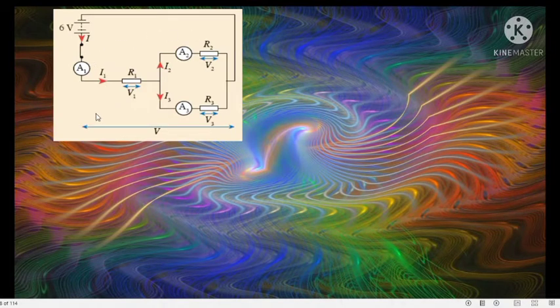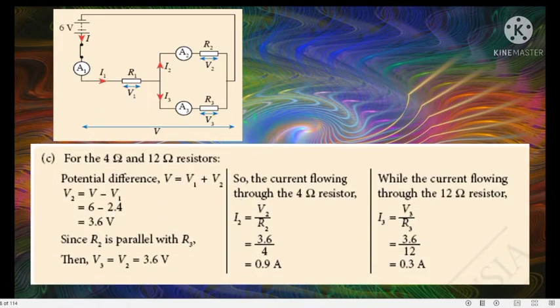Okay, now we want to find the values of V1, V2 and V3. The total voltage across all resistors is the total voltage V. So for the 4 ohm and 12 ohm resistors, we can find the potential difference. V equals V1 plus V2.